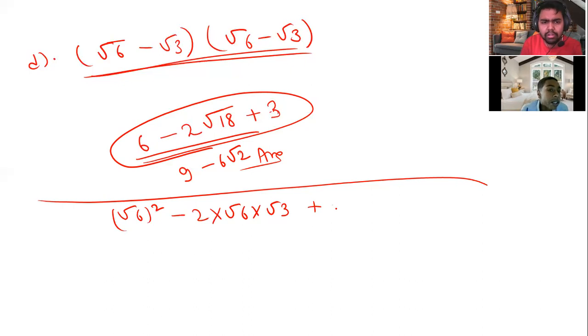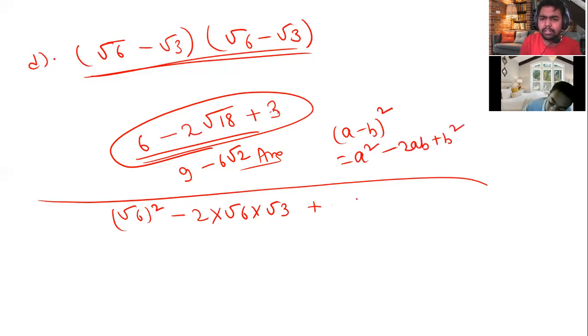I mean, you should subtract. What is the formula of (a minus b) whole square? Tell me the formula once. a square minus 2ab plus, no, wait, b square. There is something wrong. Yes, I should add 9, and then here it should be root 3 square.